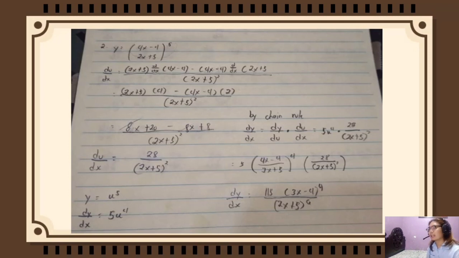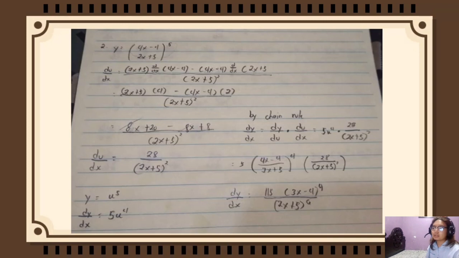Di-distribute na natin siya. 4 times 2x is equal to 8x. 4 times 5 is equal to 20. 2 times 4x is equal to 8x. 2 times negative 4 is equal to negative 8.